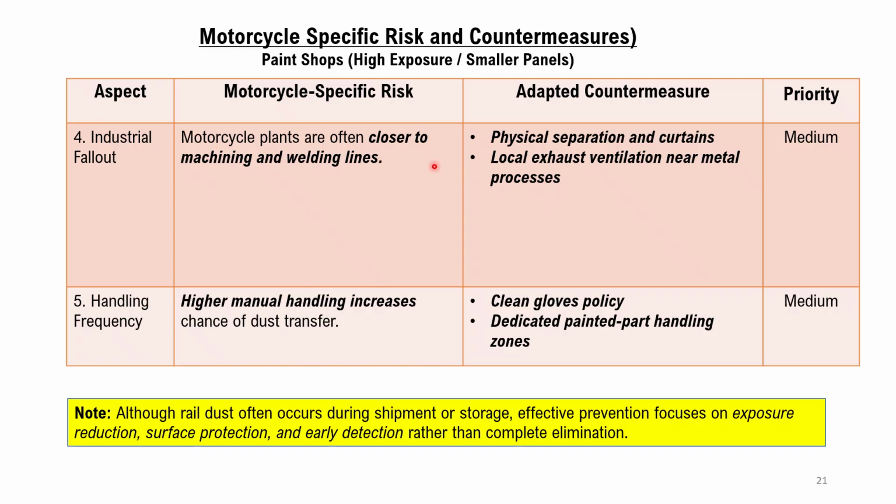Countermeasures are physical separation and curtains, local exhaust ventilation near metal processes, and finally, handling frequency. In case of motorcycles, higher manual handling increases chance of dust transfer. Therefore, use clean glove policy and dedicated painted part handling zones.